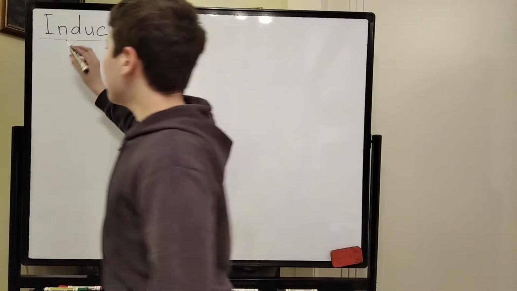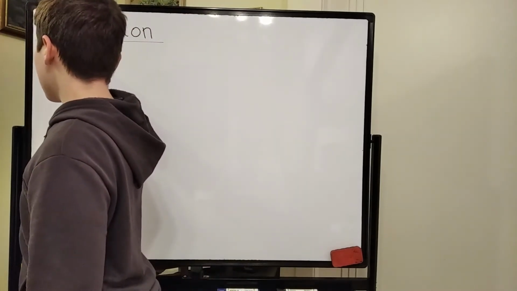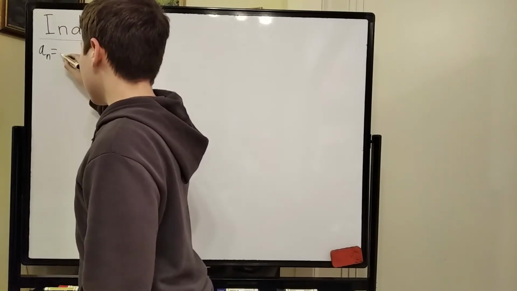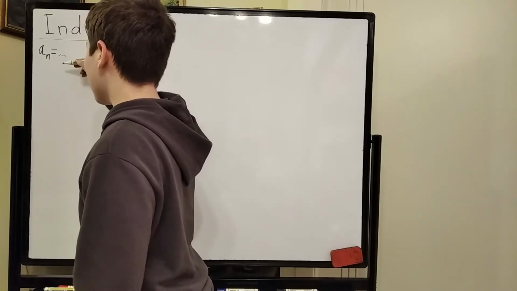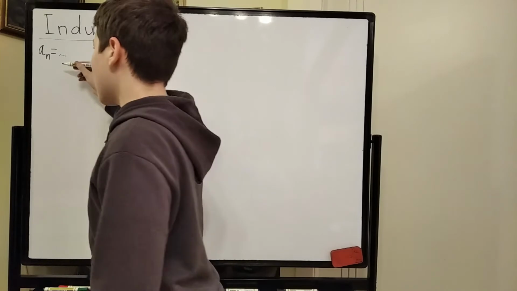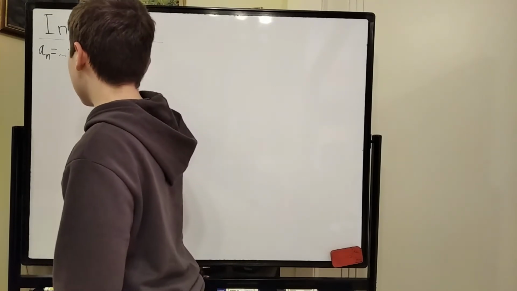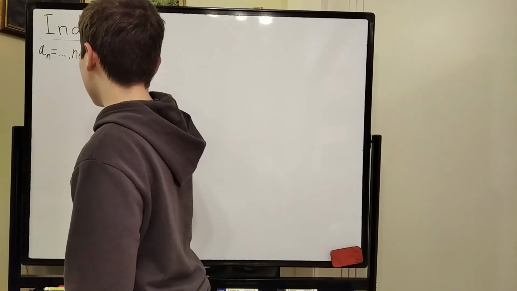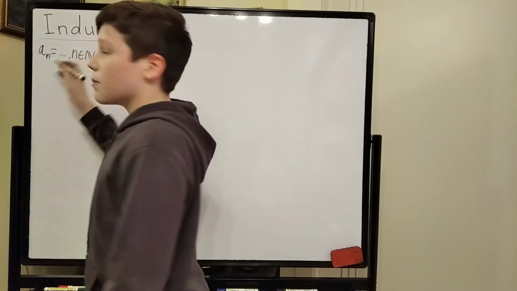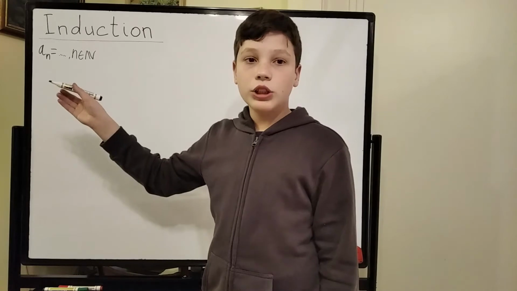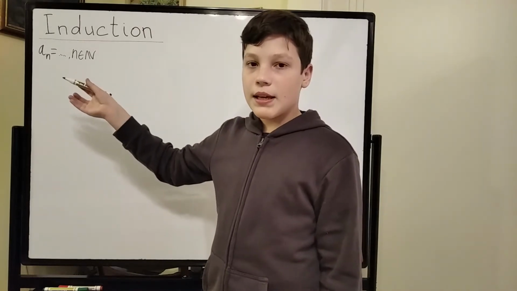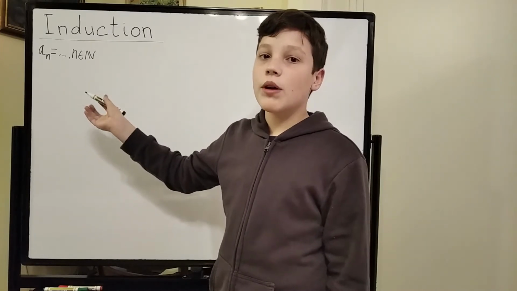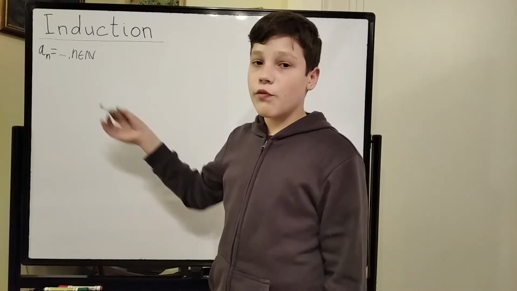So, let's say what you need to do is to prove that some a_n is equal to something with n, something like that, where n is a natural number. It doesn't have to be a_n, it can also be showing some formula. Let's say 1 squared plus 2 squared plus 3 squared all the way up to plus n squared is equal to some formula.